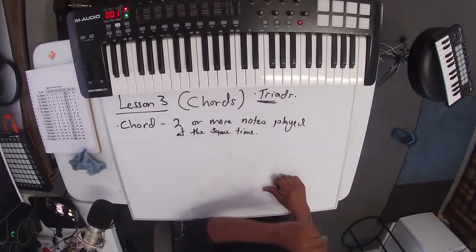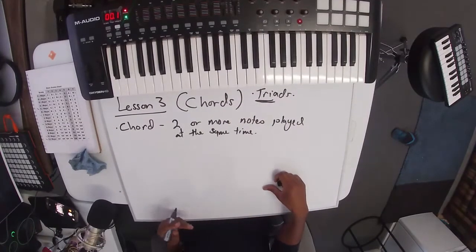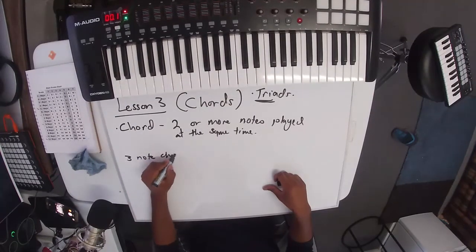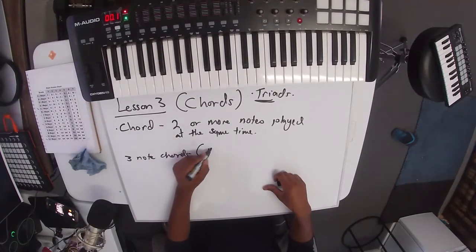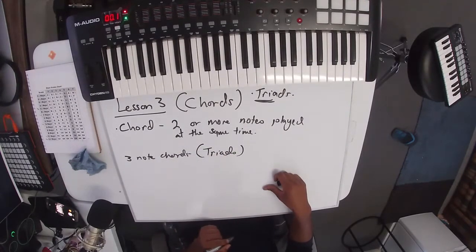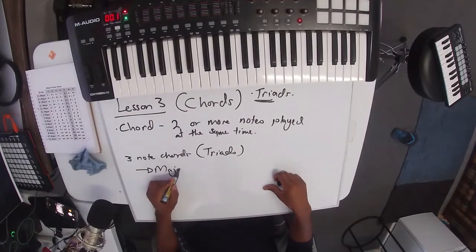I'm going to start with triads. A triad is three notes, so I'm going to be looking at three-note chords, just triads. I'm going to look at two types: the major chord and the minor chord.